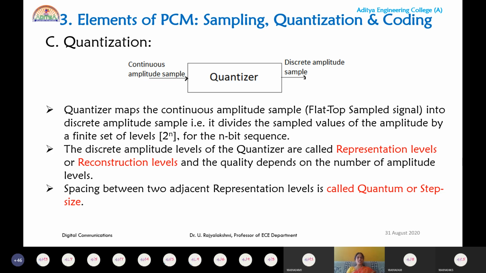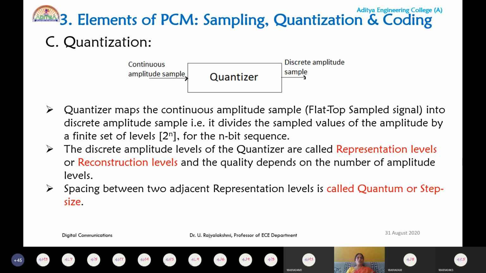What will this quantizer do? It makes the amplitude discrete, into 2 power n levels for an n bit encoded sequence. What is the other terminology for discrete amplitude levels? Representation levels or reconstruction levels.